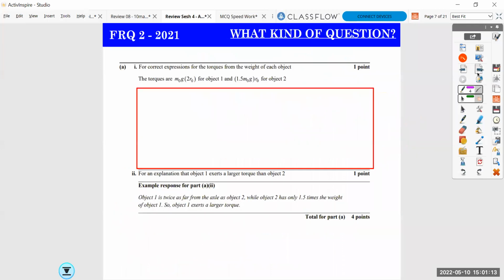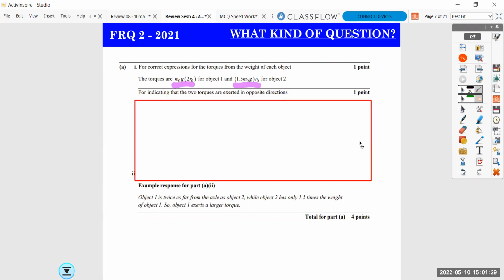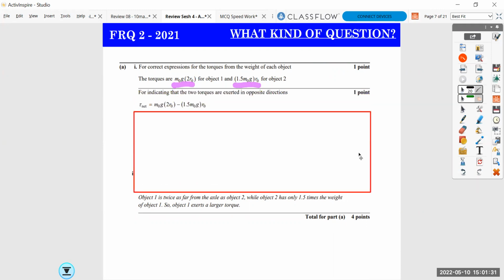So let's see how we did on that first section. This is 4 points in total. So a point for the correct expressions for torque, m0 g times 2r0, and 1.5 m0 g r0 for object 2. A second point for indicating that the two torques are exerted in opposite directions. You don't have to state that.